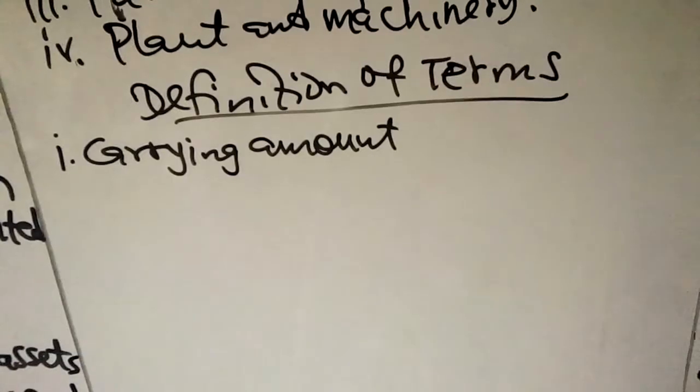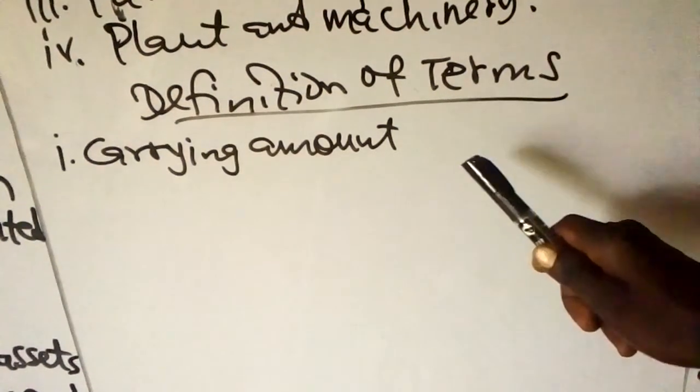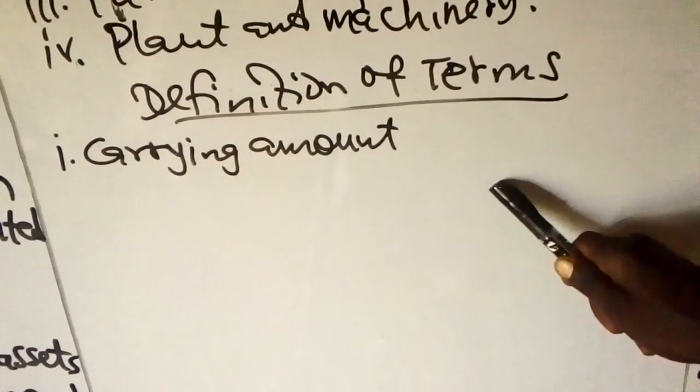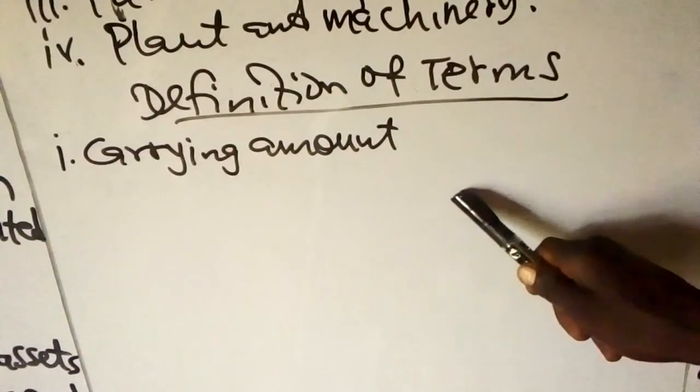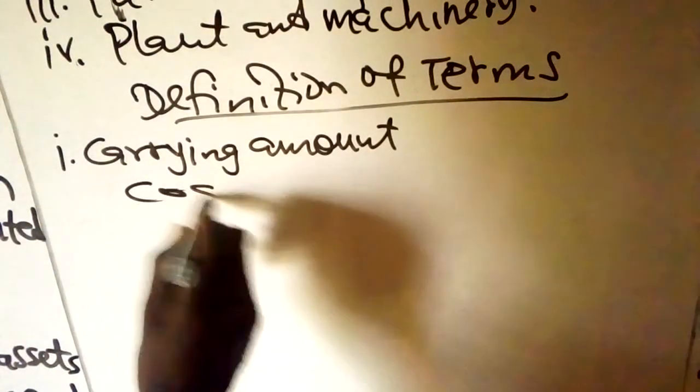Carrying amount is the amount at which assets are recognized in the statement of financial position after deducting accumulated depreciation and accumulated impairment loss.